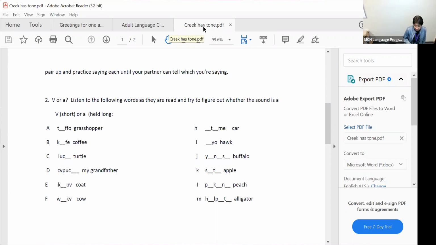So when you look at these letters, spell it in the Mvskoke sounds. Because remember, duffel, I have no clue what it is in English, but I know what it is in Mvskoke. It's a grasshopper. Okay? Duffel is a grasshopper to me. And it's short.